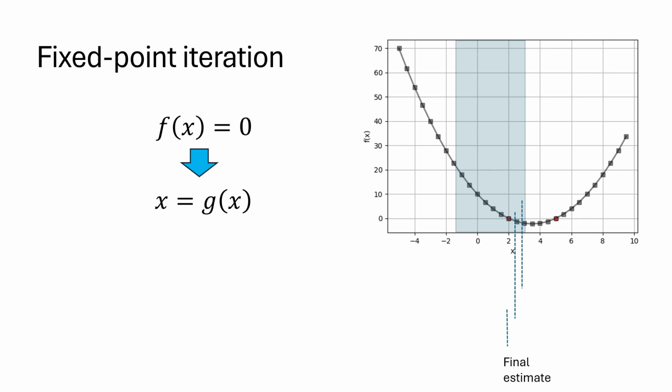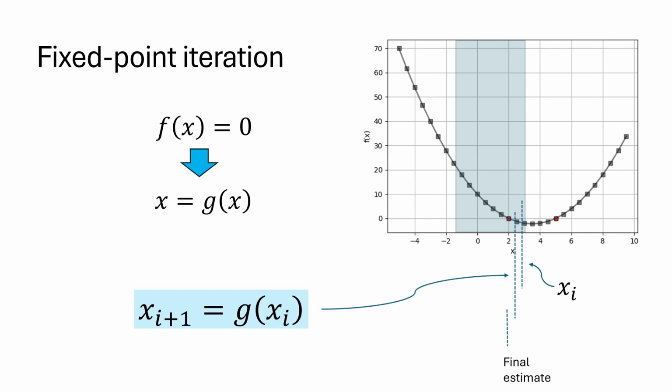Then we start with an initial guess of the root value and use the rearranged equation and the initial guess to find the next estimate. Then we repeat the process until a stopping criterion is met.